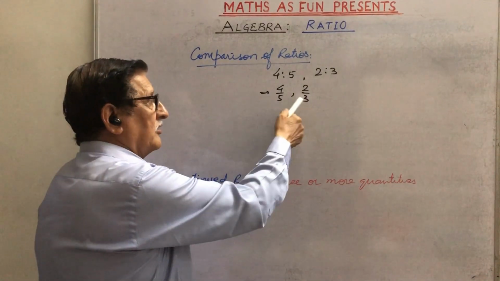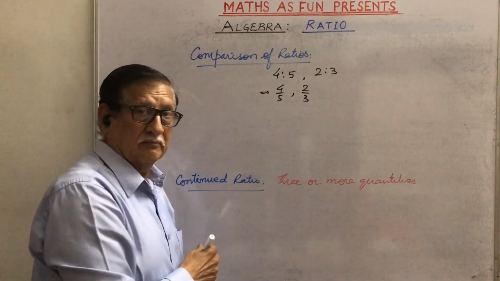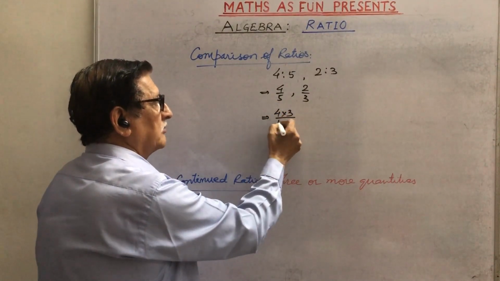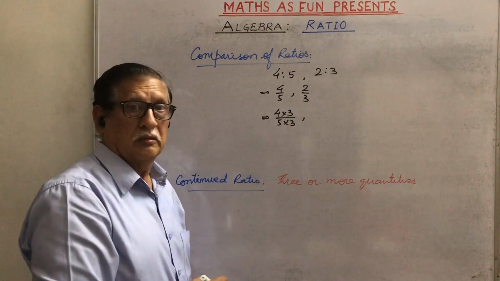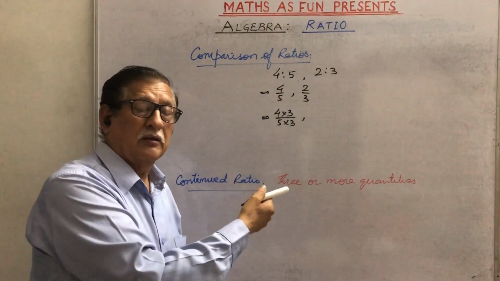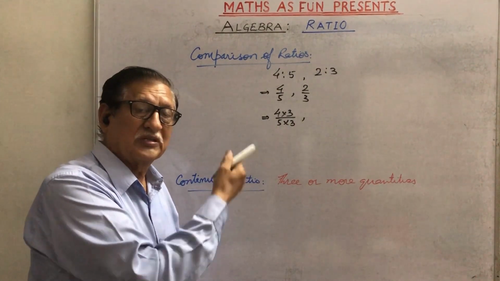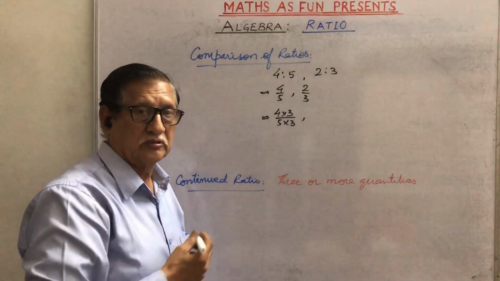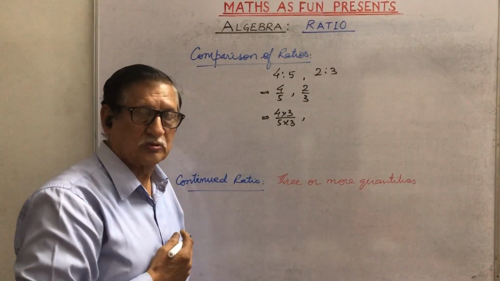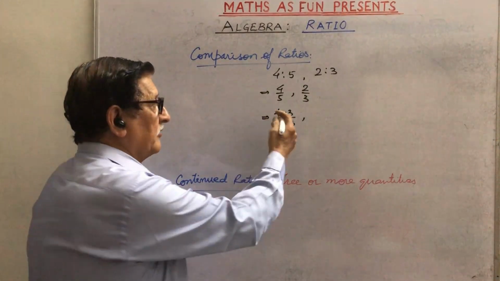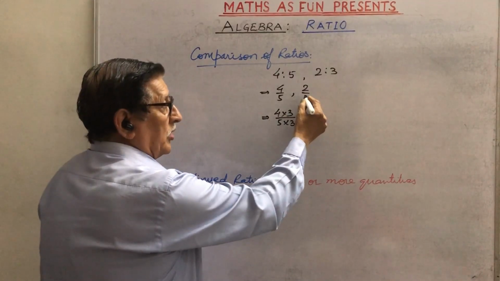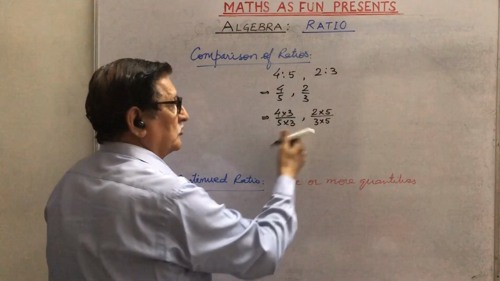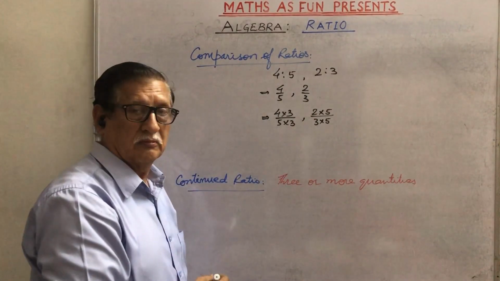We know that the LCM is 15, and to make the denominator 15, we have to multiply by 3. As we have already discussed, we can multiply or divide both the terms of a ratio by the same number. It makes no difference to the ratio. Here we multiply 2 and 3 by 5 to make them equal.